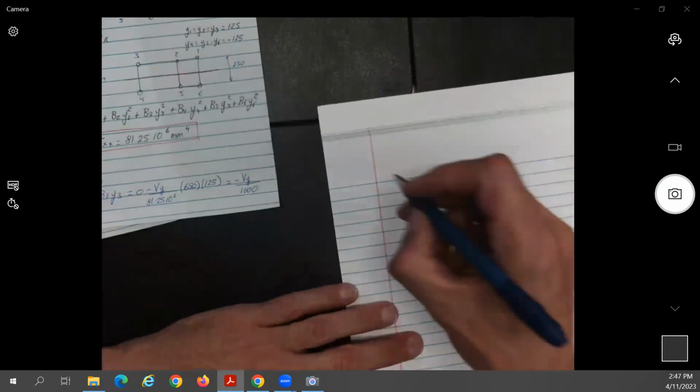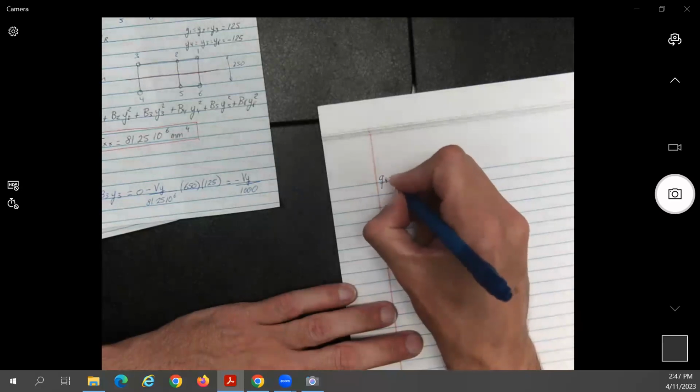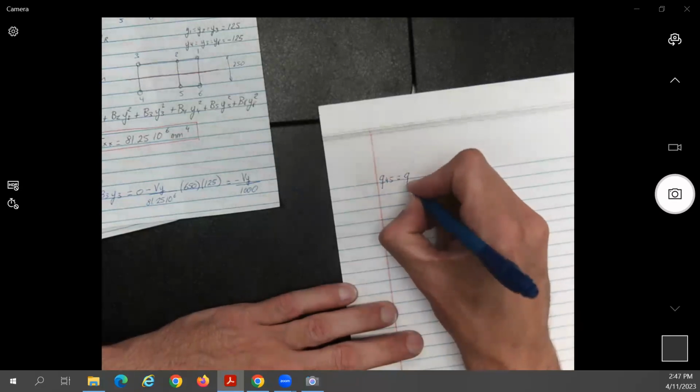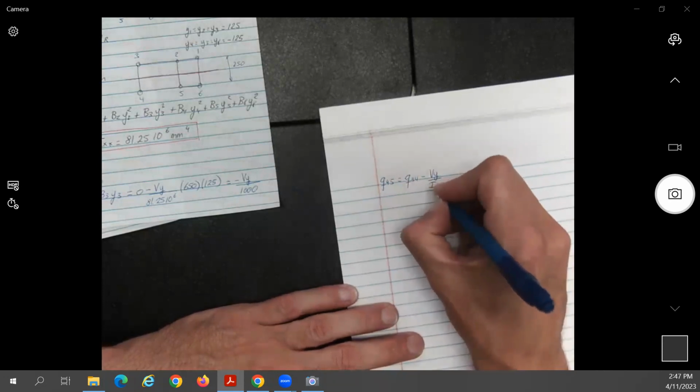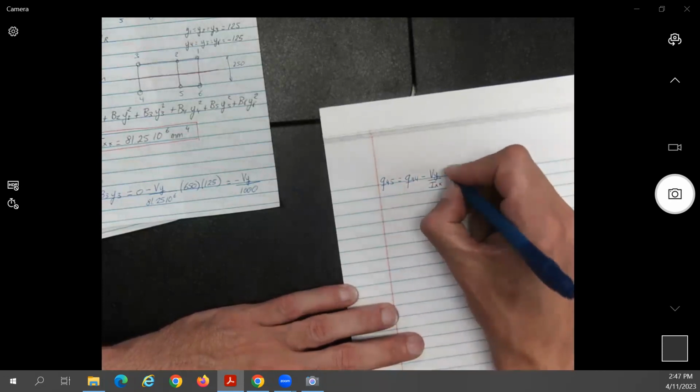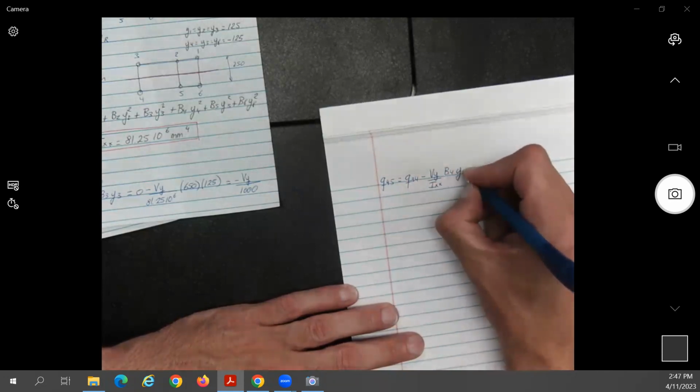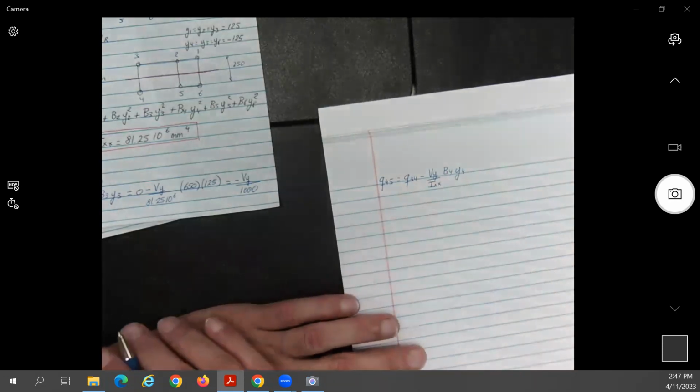So we get right here Q45 would be equal to Q34 minus Vy over Ixx times B4 times Y sub 4.